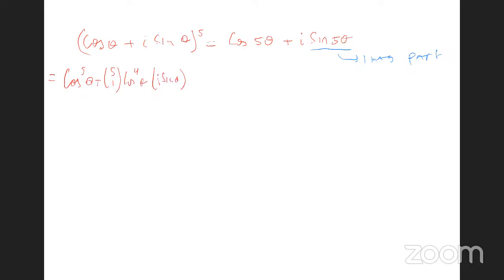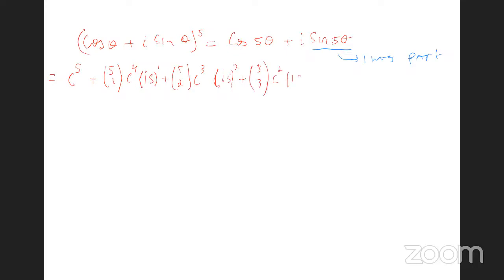I'll go back and use C and S. So that'll be C^5 plus 5C1 C^4 iS to the 1, plus 5C2 C^3 (iS) squared, plus 5C3 C^2 (iS) cubed, plus 5C4 C (iS) to the 4th, plus 5C5 (iS) to the 5.